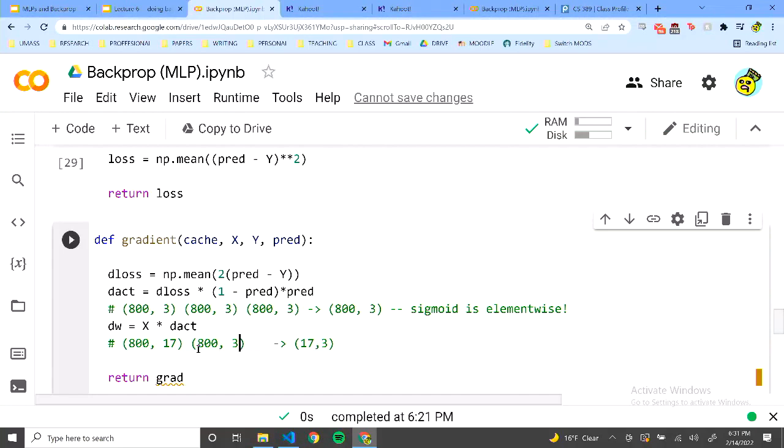Exactly. So the transpose of x will change it to 17 by 800, and then we take the dot product.